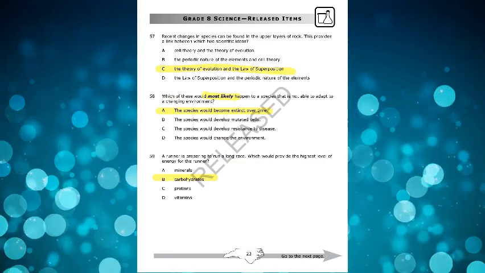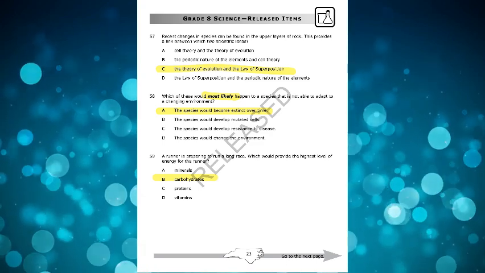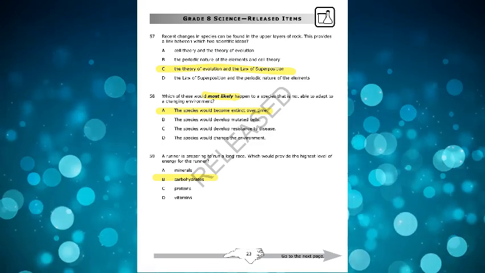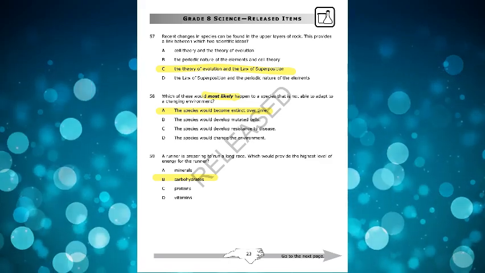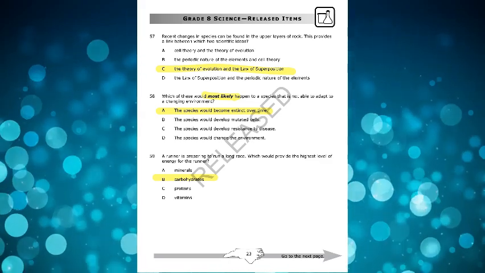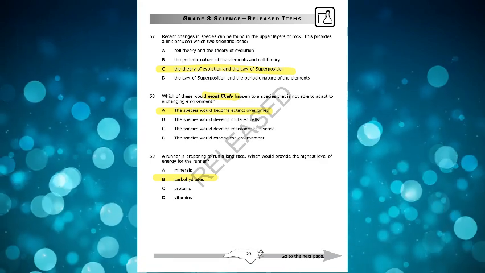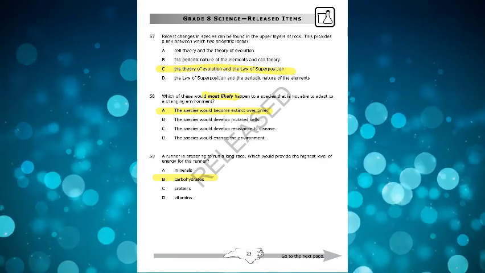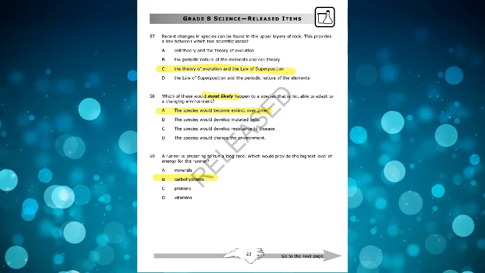57. Recent changes in species can be found in the upper layer of rocks, which provides a link between which two scientific ideas. And so, if we're talking about something happening in rock or in layers of rock, that definitely lends itself to the law of superposition.